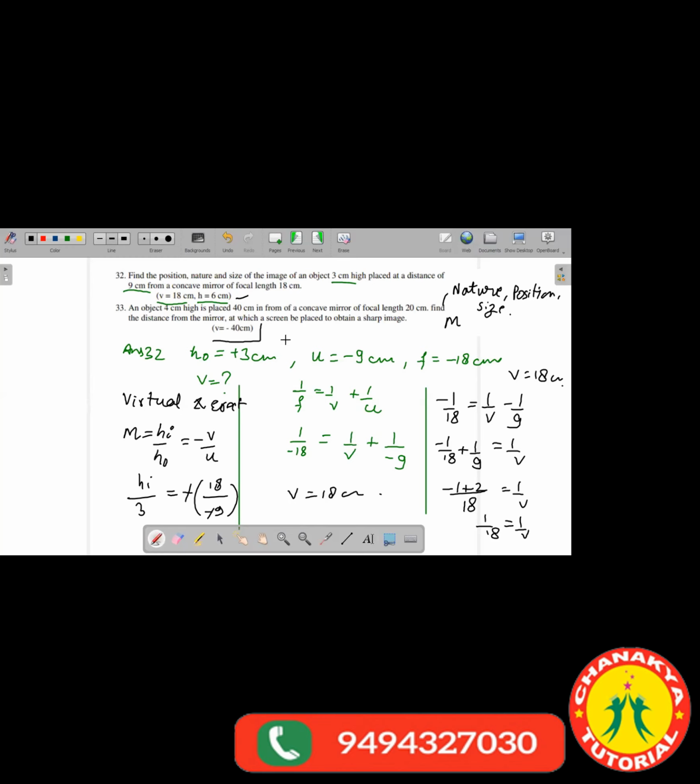I think you can draw the diagram for these two, question number 32 and 33. That is your homework. I'm adding that part as your homework.